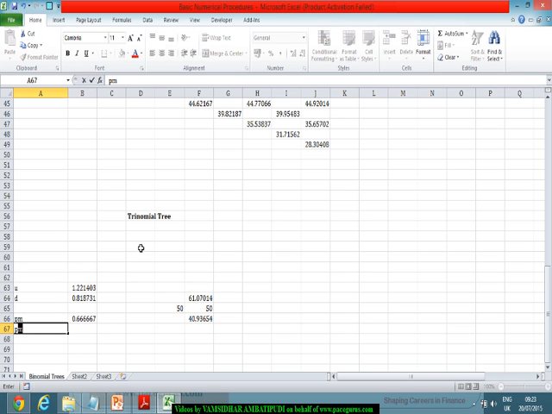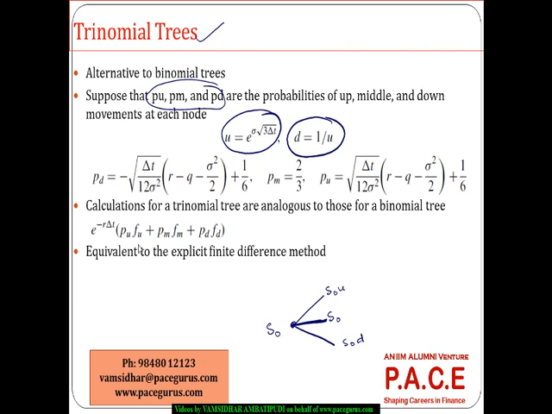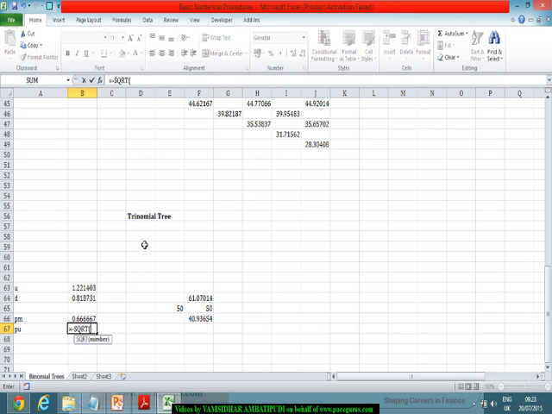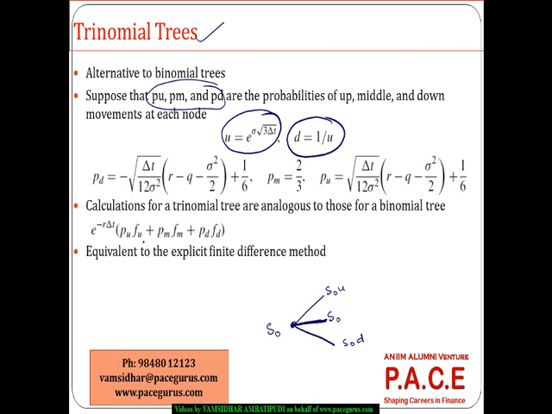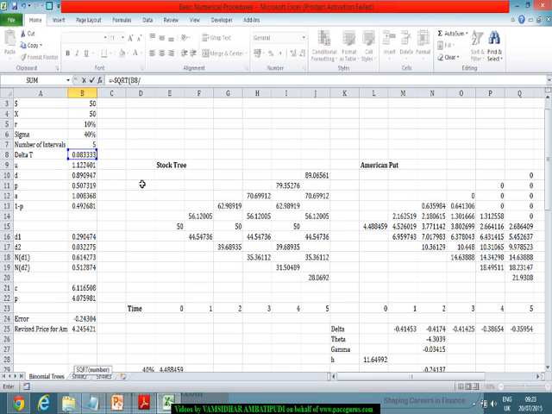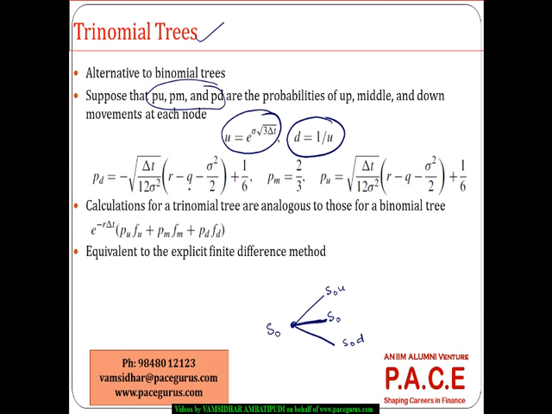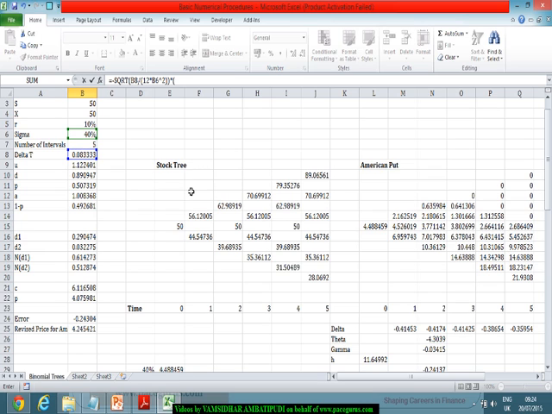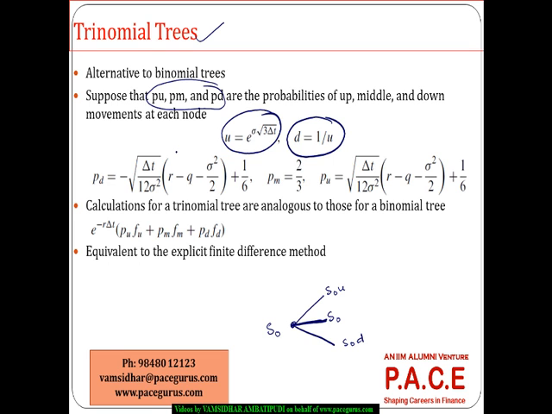Whereas the probability of up, we are computing it as minus square root of delta t by 12 sigma squared (this is my delta t by 12 times sigma squared) minus square root of delta t by 12 times sigma squared, r minus sigma squared by 2, plus 1 by 6.